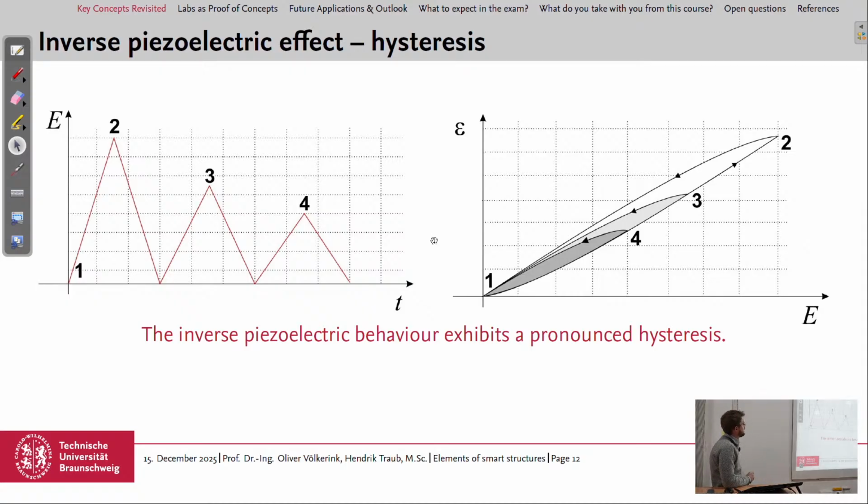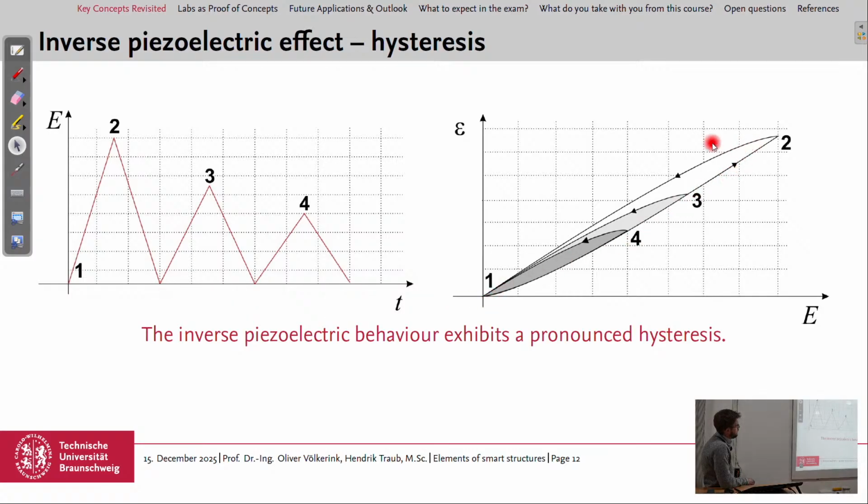Having a look again at the inverse piezoelectric effect, and there especially at the hysteresis, we apply a field if we want to use the material as an actuator. Then we can see here, if we first apply a high electric field, we are going up from the origin, and then we remove the field again, coming back to 0.1, so we are here now.